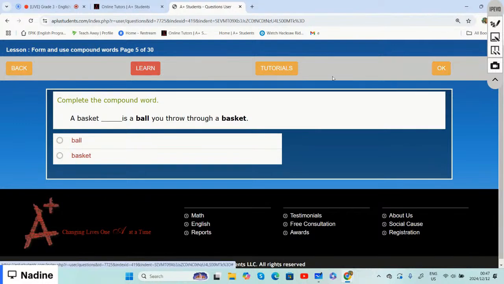We said a compound word is a word that is made up of two smaller words.